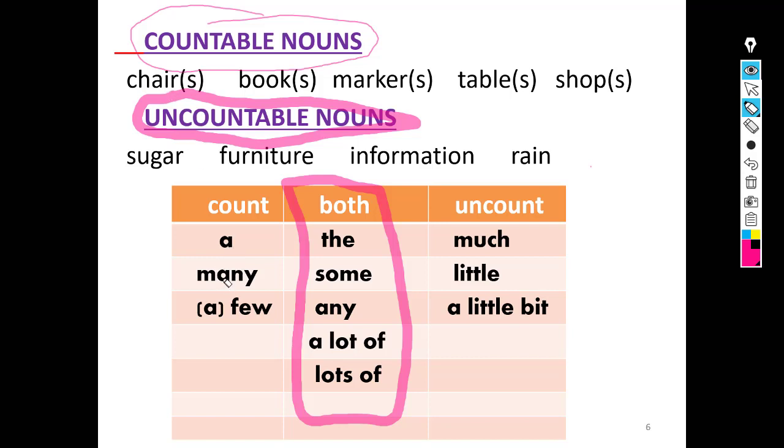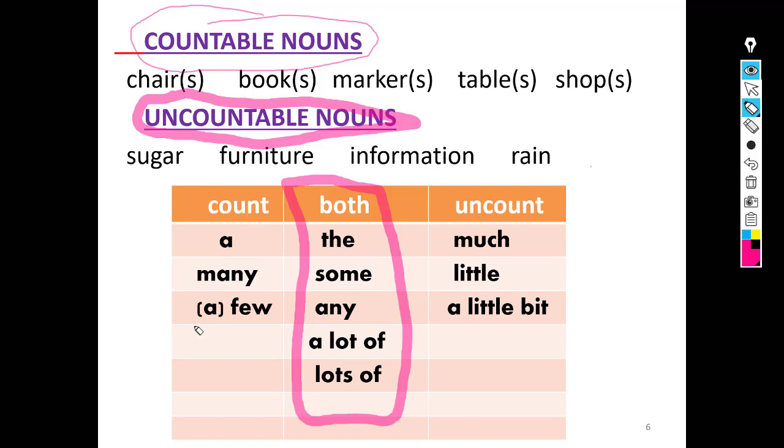I have got many chairs, I can say, or I have got a few chairs, but I cannot say I have got many information. No, it is not correct. For the uncountable nouns, I can say much sugar, little sugar, a little bit of sugar, okay?